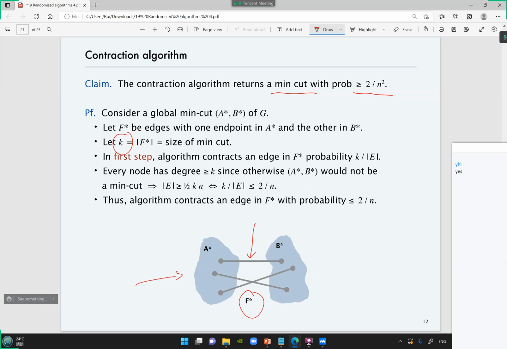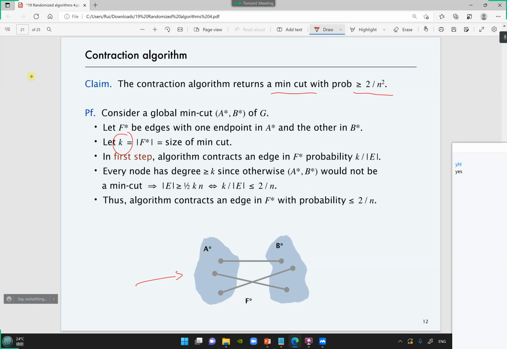If when you run this contraction algorithm, you never try to contract any of these min-cut edges, then in the end, you're still going to have these min-cut edges preserved in the graph. Then in the end, all of A star is going to shrink down to one big node, and all of B star is going to shrink down to one big node, and then you're just going to have these edges in F star between the A supernode and the B supernode, if you never contract any of these F edges. So then the question is, what is the probability that we do not contract one of these F edges, one of these min-cut edges?